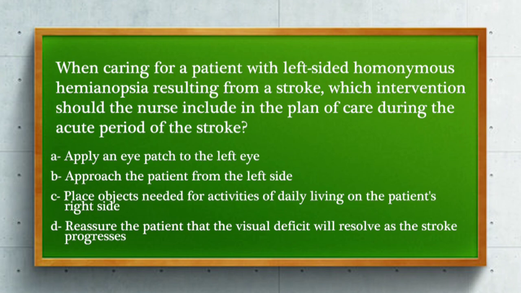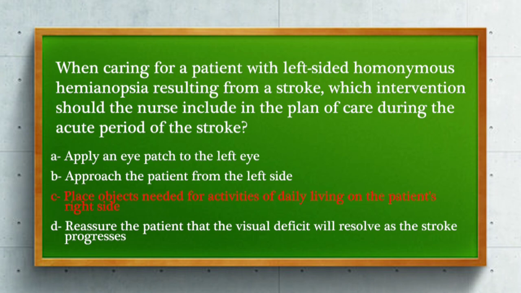C. Place objects needed for activities of daily living on the patient's right side. D. Reassure the patient that the visual deficit will resolve as the stroke resolves. And the answer: C. Place objects needed for activities of daily living on the patient's right side.